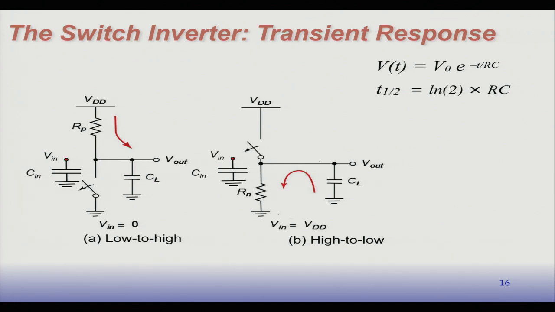So in this case, the solution looks like this. The voltage as a function of time is some initial voltage times e to the minus t over RC. Right. So as t progresses, is this discharging?